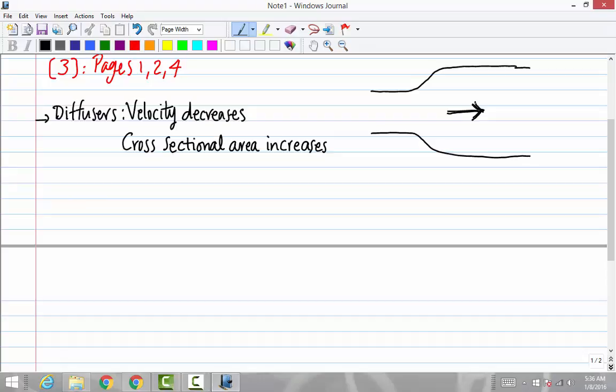Let me tell you in mathematics what I mean. According to conservation of mass, here is my inlet and here is the outlet.